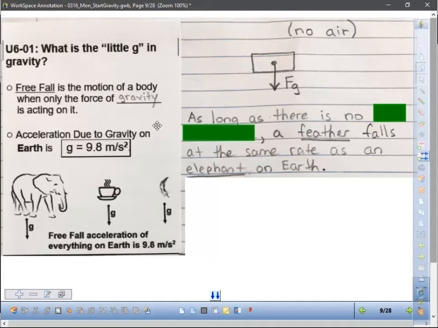It doesn't actually fall in free fall because something is affecting the feather. What is affecting the feather in real life that makes it not usually in free fall in the classroom? Goes in this blank right here.